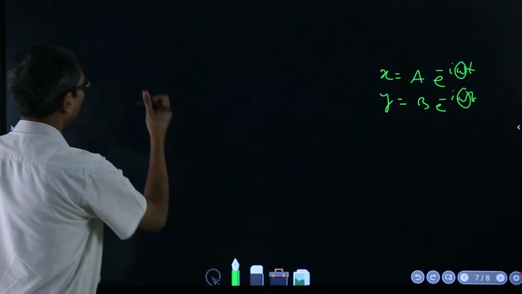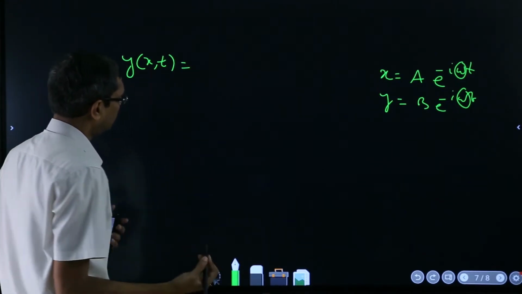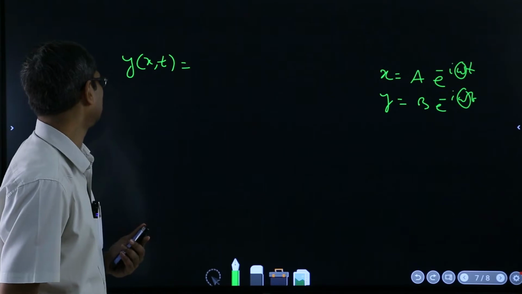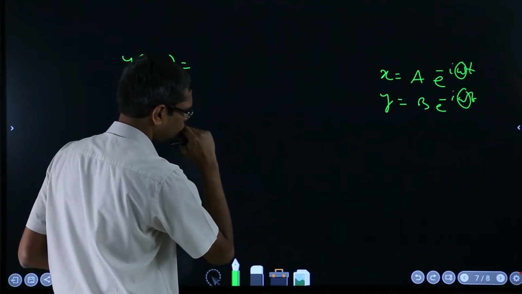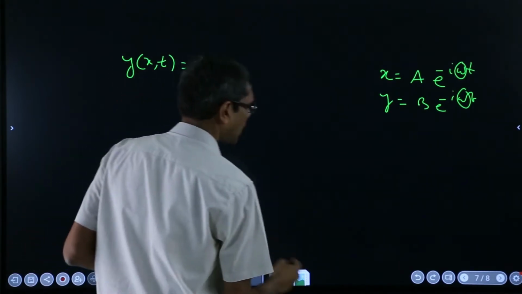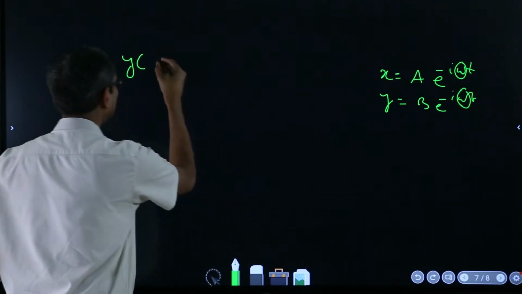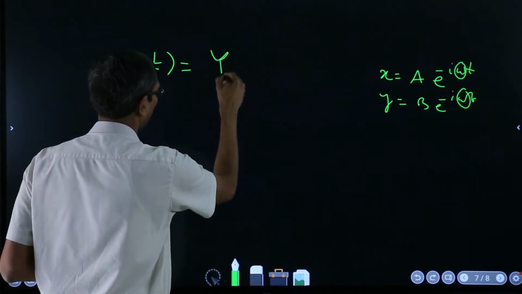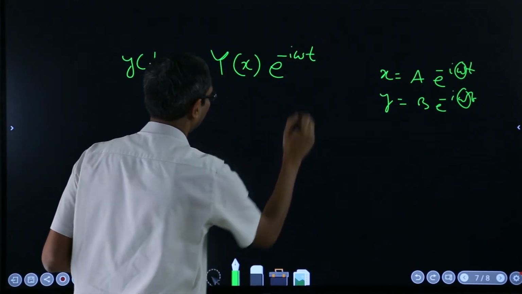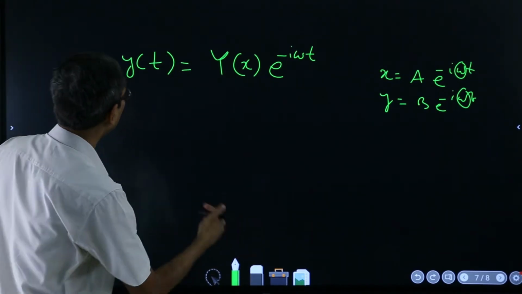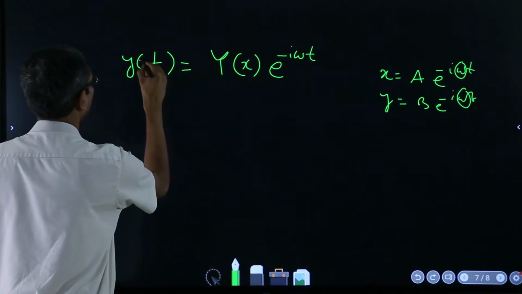That means we want our y(x,t), or if I say, suppose y of x times e raised to minus i omega t.